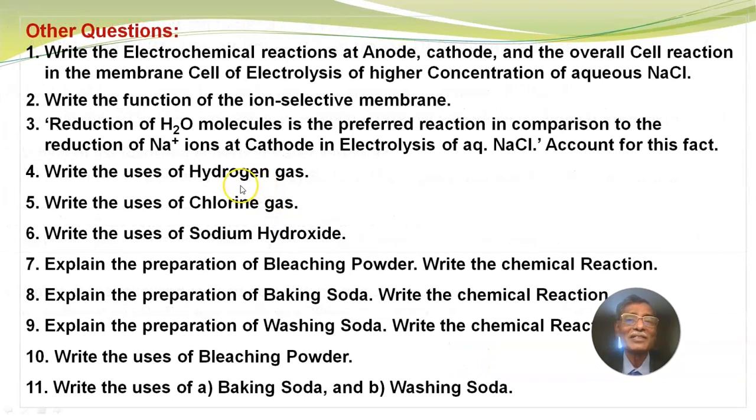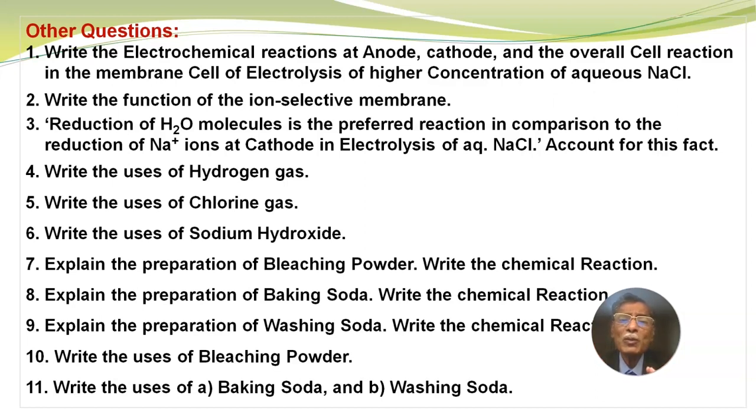Other questions. Question 1. Write the electrochemical reactions at anode, cathode, and the overall cell reaction in the membrane cell electrolysis of higher concentration of aqueous NaCl. Question 2. Write the function of ion selective membrane. Question 3.